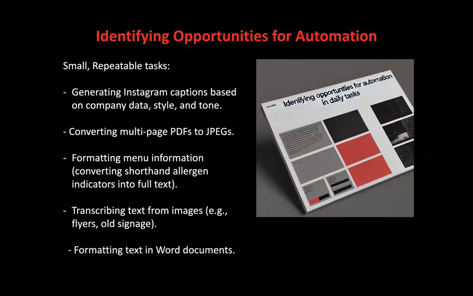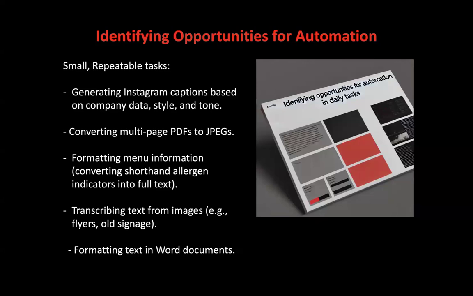Oftentimes, like I said, giving an example earlier, I'll just take previous captions that the company really liked, and I'll put that in the system prompt and say, hey, this is the tone they like. And now all I got to do is just type in a little bit of information about whatever that specific image is or whatever that post is about. And it can now very quickly create me an Instagram caption that is targeted very, very closely to what they're looking for. And that saves a lot of time.